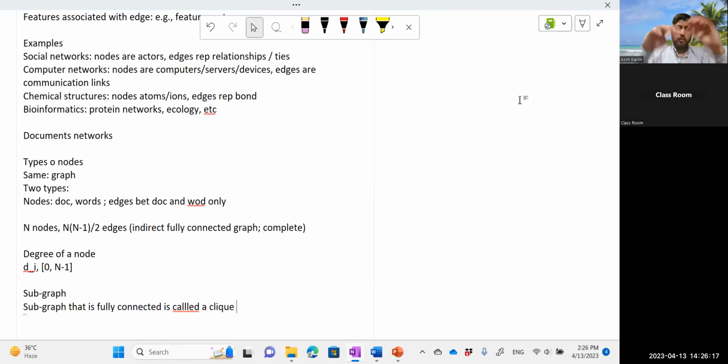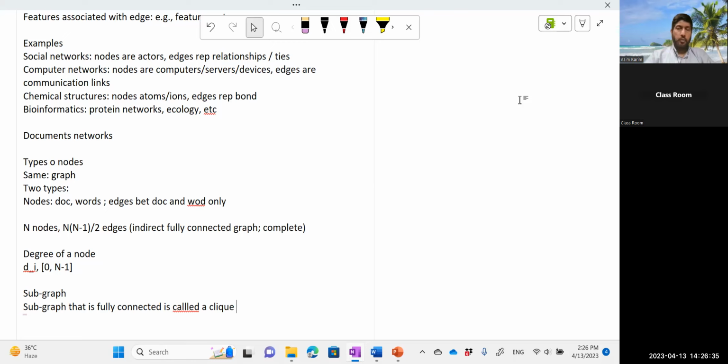For example, if you have a graph where each node is connected to every other node, that's fully connected, and we call that a complete graph as well. But if you talk about a sub part of a graph that is fully connected, we typically call it a clique.